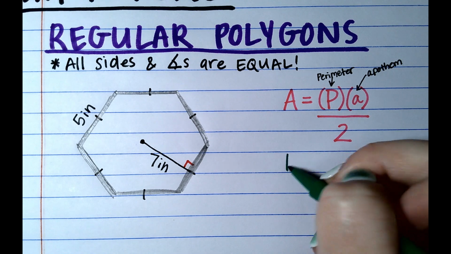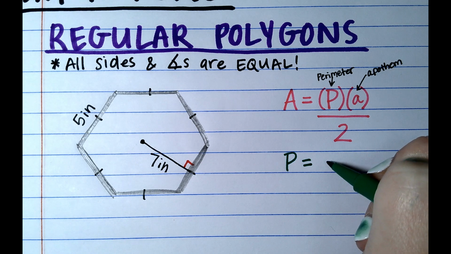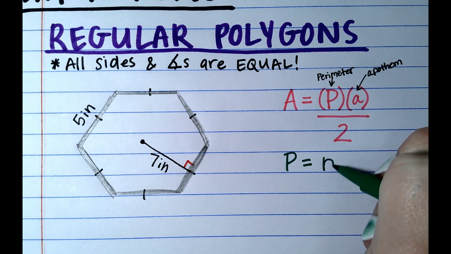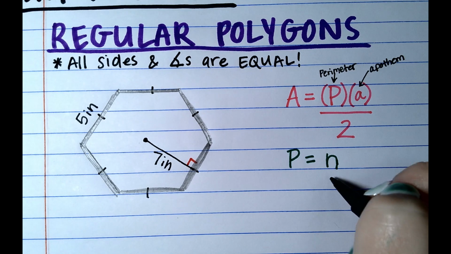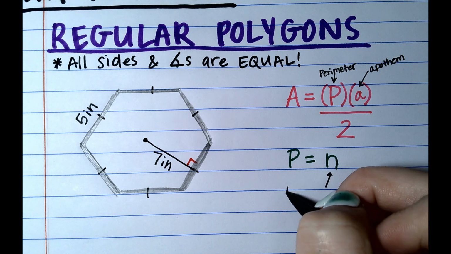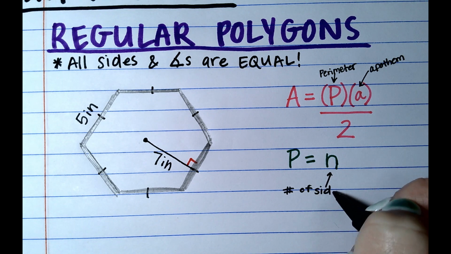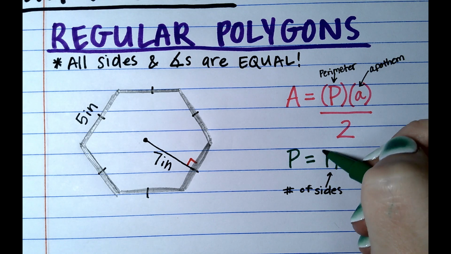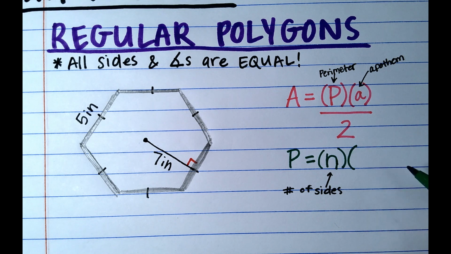And then perimeter is N, which means number of sides, times whatever your side length is.